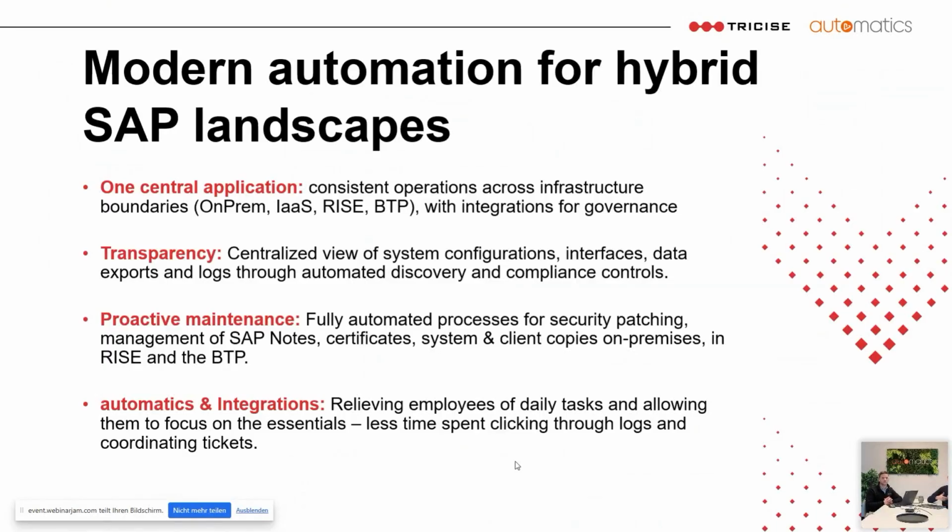Based on that, you are able to proactively maintain your system landscape. For example, to manage the patching of your systems, to implement SAP notes, to renew and distribute certificates, and to manage your system and client copy, pre and post copy activities.